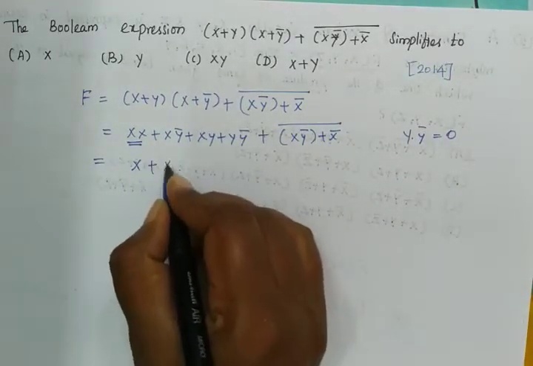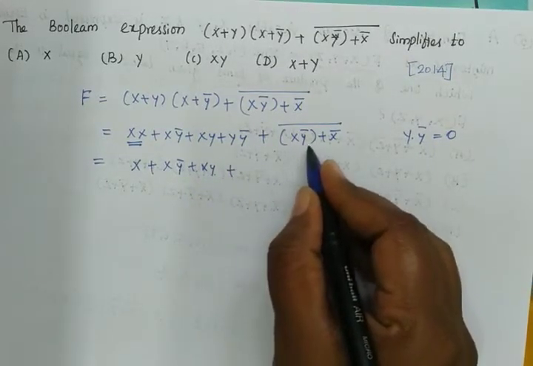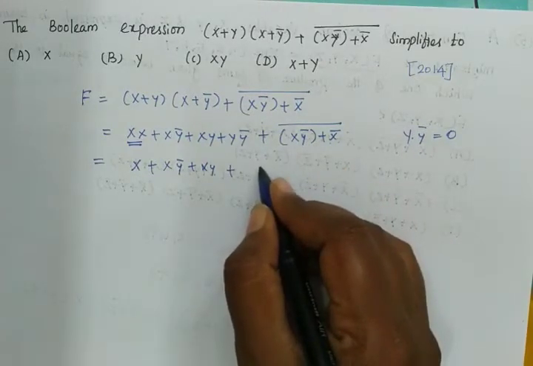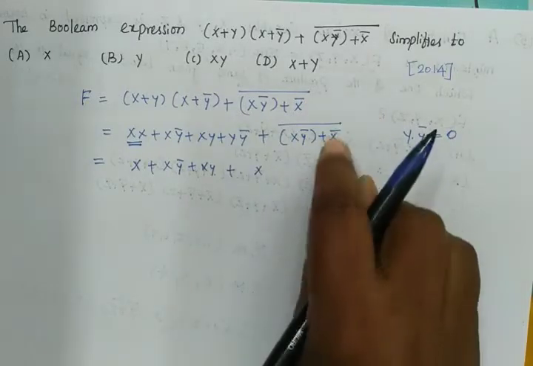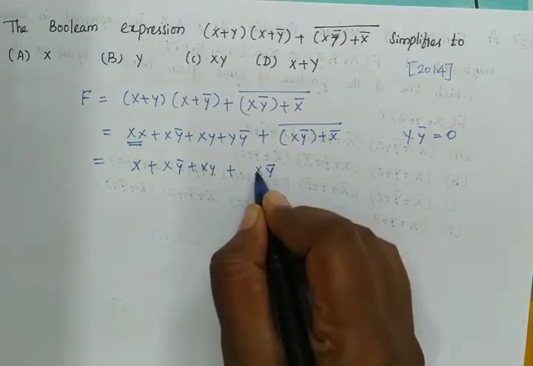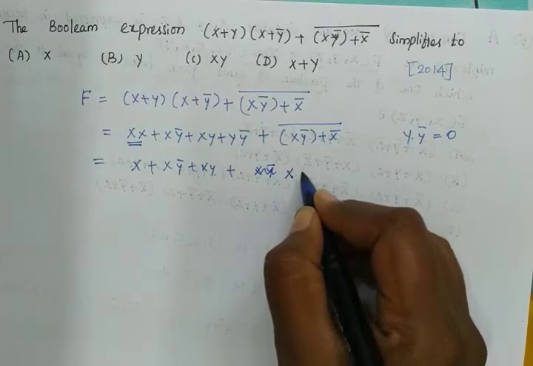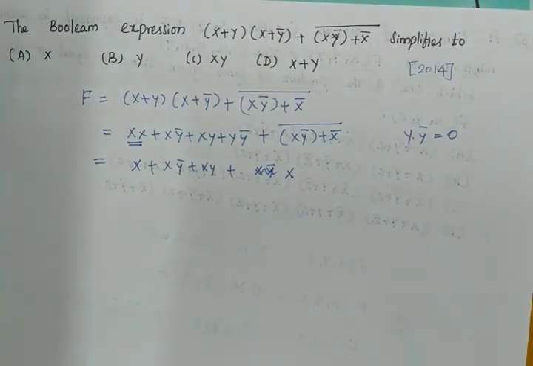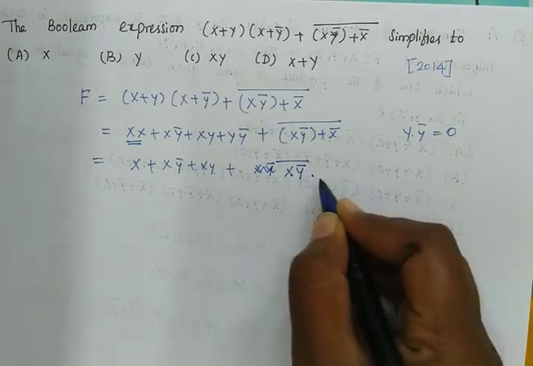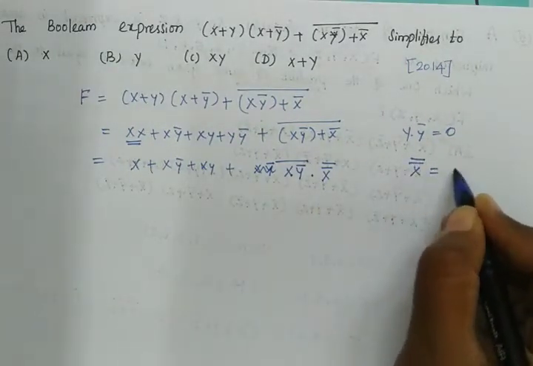So plus x y bar plus x y, this will become 0, plus this x into y bar, we can use De Morgan's theorem. Let us change this plus into multiplication, into x double bar. So we know that x double bar is equal to x.